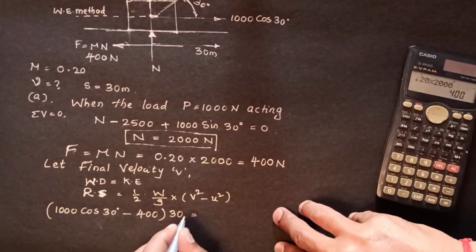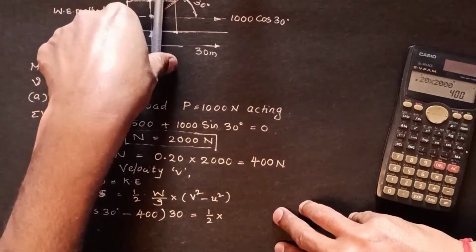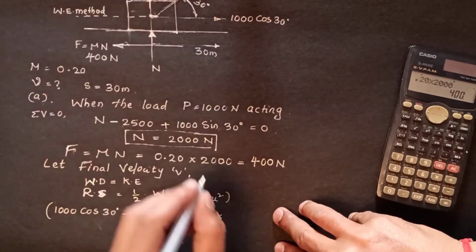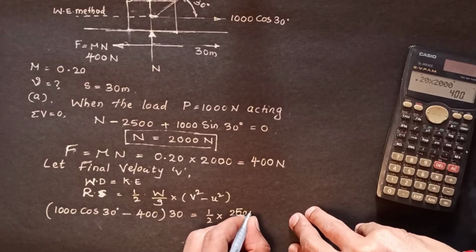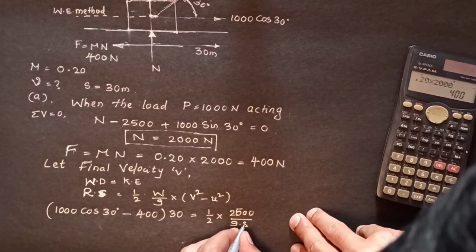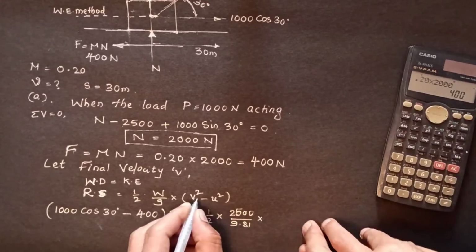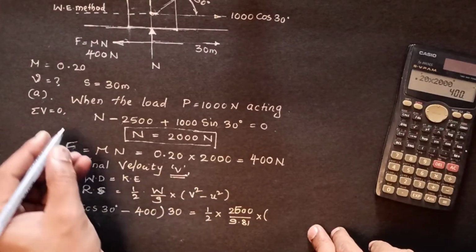So it is equal to 1/2 into the applied load, the weight of the object, 2500, divided by g, which is the gravity 9.81, into v square. V is the final velocity which you already defined.